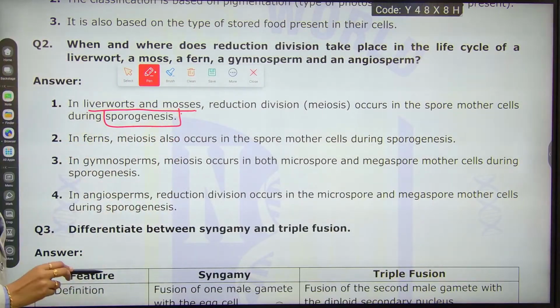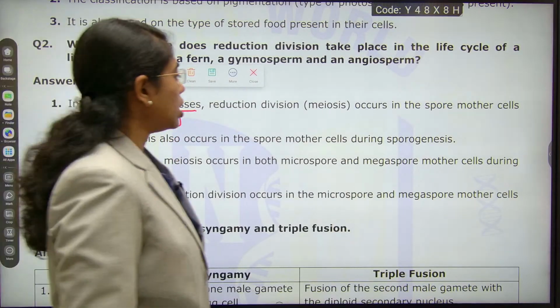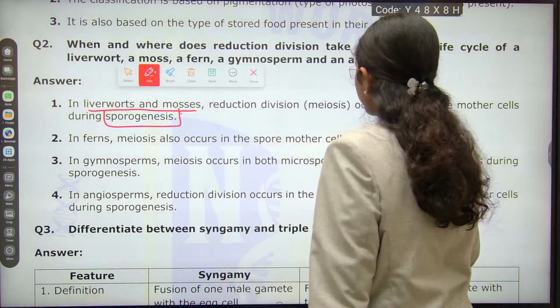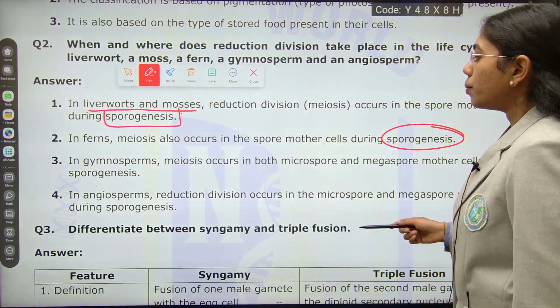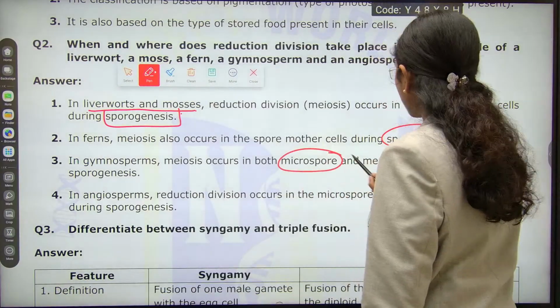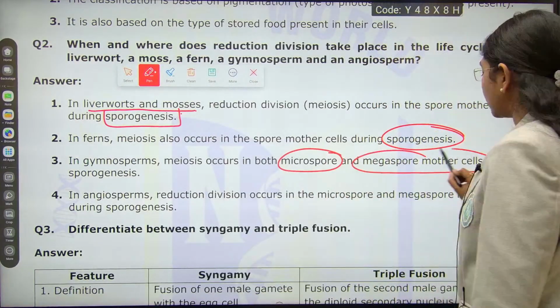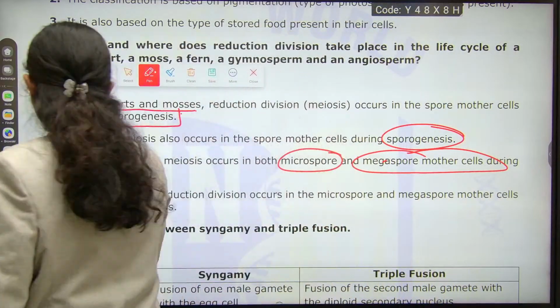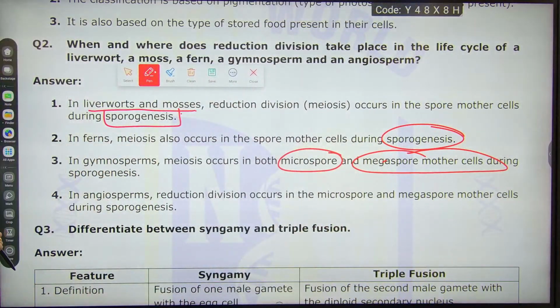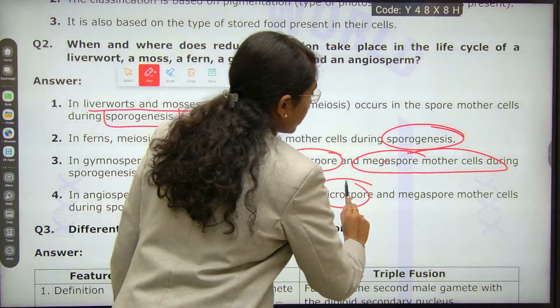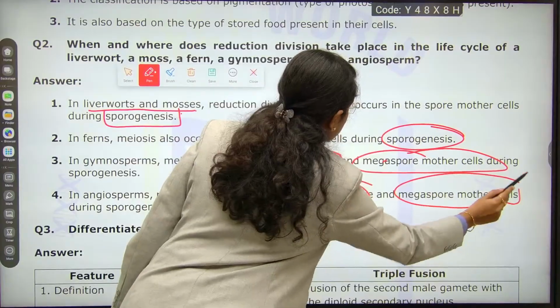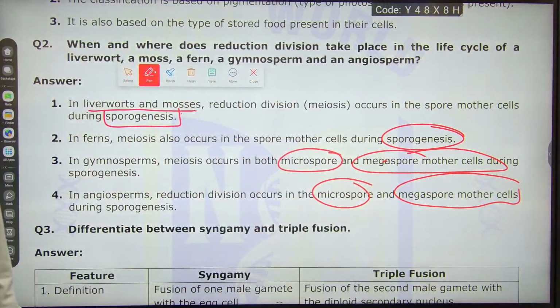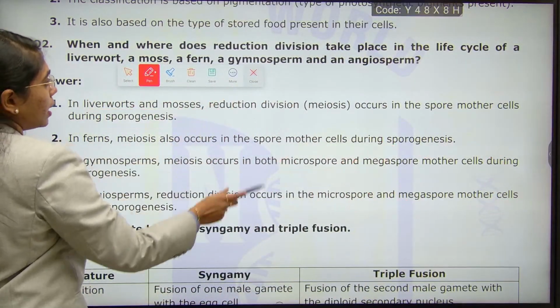In ferns, meiosis also occurs in spore mother cells during sporogenesis. In gymnosperms, meiosis occurs in both microspore and megaspore mother cells. All these statements are important even for your objective. In angiosperms, meiosis occurs in microspore and megaspore mother cells. These statements are important for your EAMCET and NEET as well.